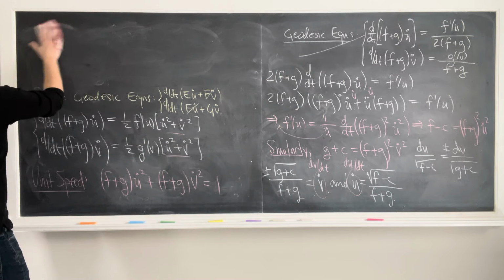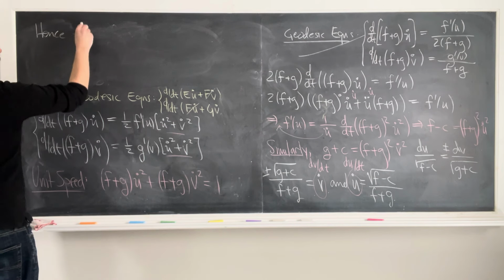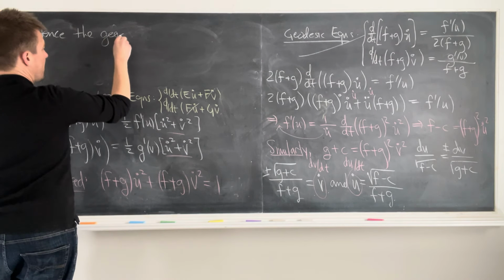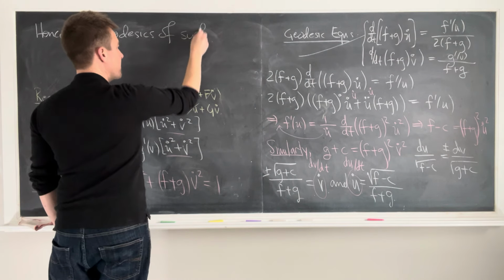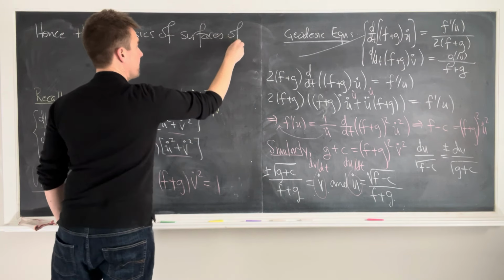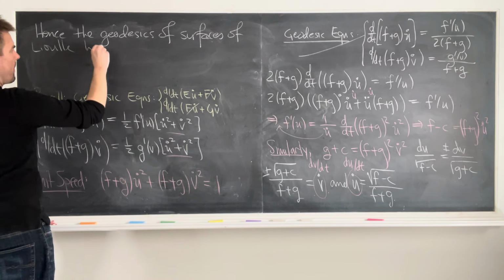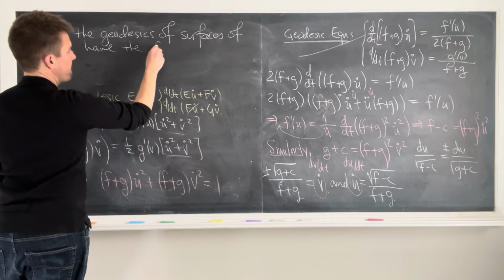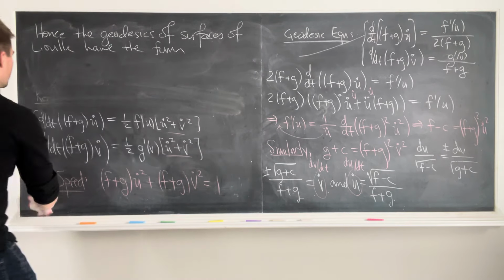So hence, the geodesics of surfaces of Liouville have the form that looks like this. So what's the form of those surfaces of Liouville?